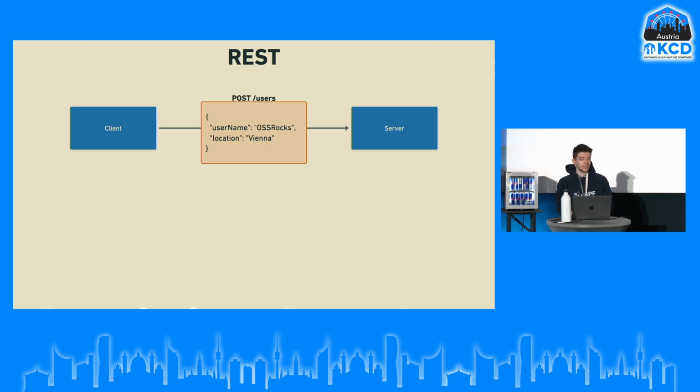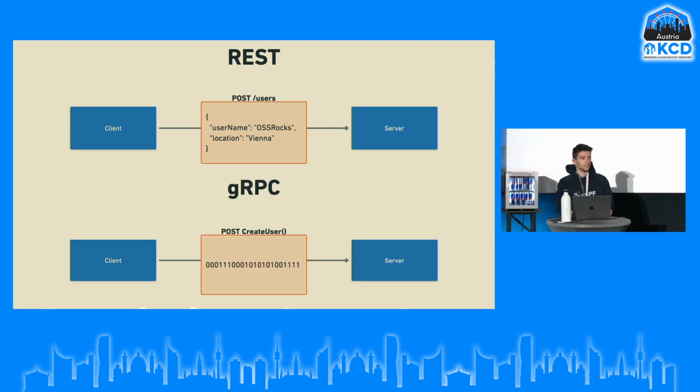Now, gRPC takes this a bit further, so to speak. The idea is still the same. We still have a client communicating with the server, right? It's just that the way it occurs is a bit different. Instead of sending the data as plain text that would be readable if you were to intercept it, it actually is being sent in a binary format.